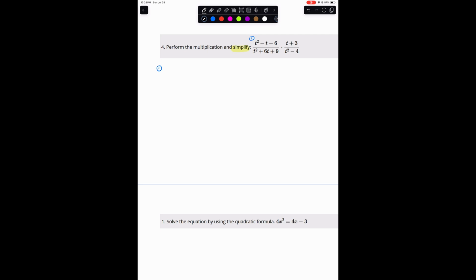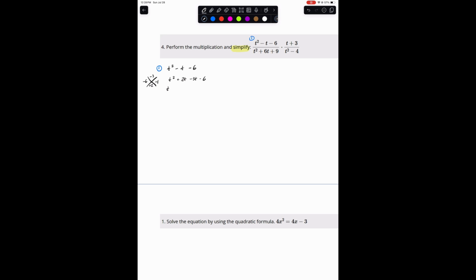So I have t squared minus t minus 6. I'm looking for two numbers that multiply to -6 and add up to -1. That's -3, +2. You can rewrite this as t squared plus 2t minus 3t minus 6.